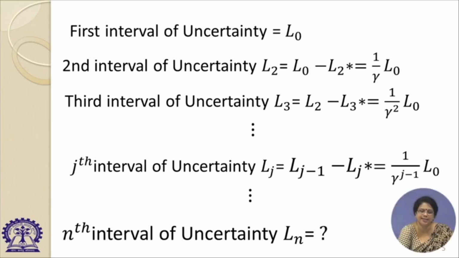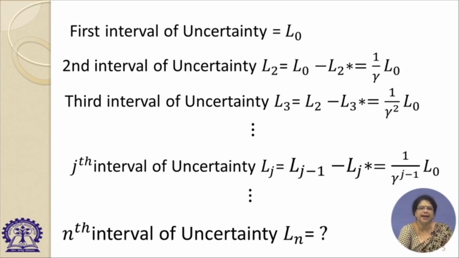If we calculate the length of the interval of uncertainty, initially it was L naught, because that is B minus A, which is given to us. We know the function is unimodal between A and B. Unimodal means it has a unique maximum or a unique minimum within that interval. That is the unimodality definition.